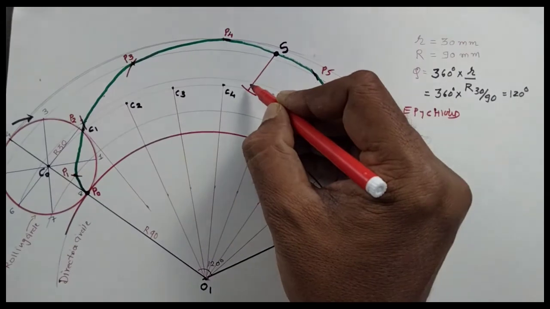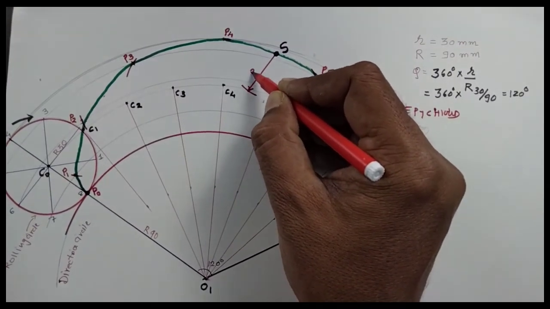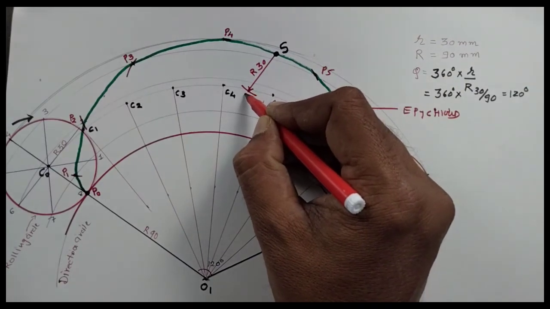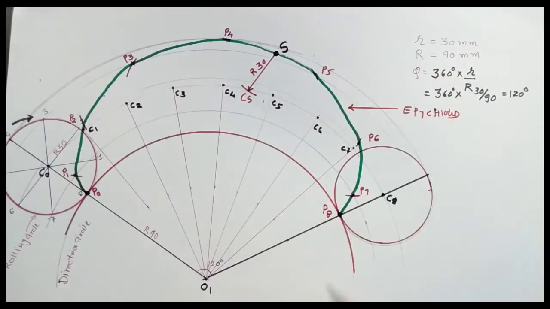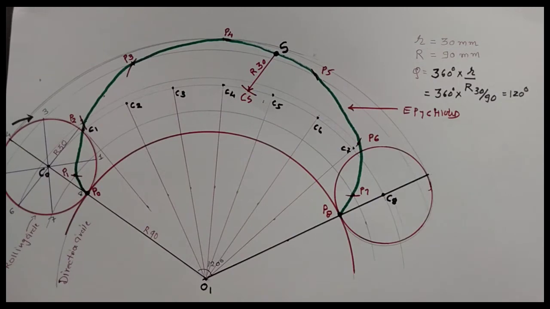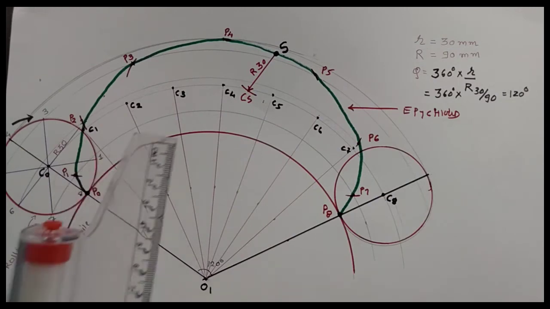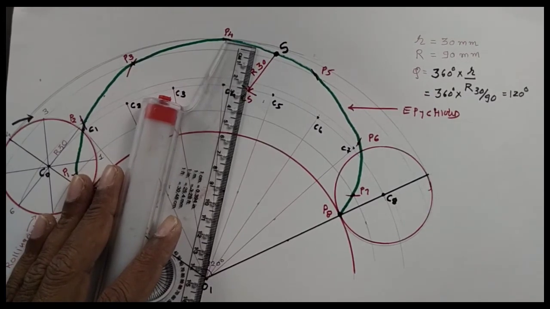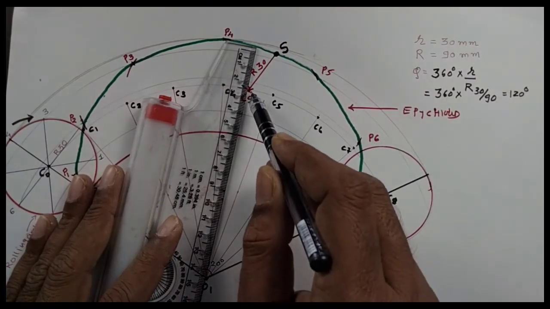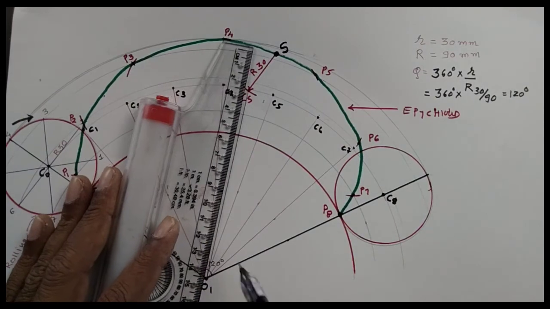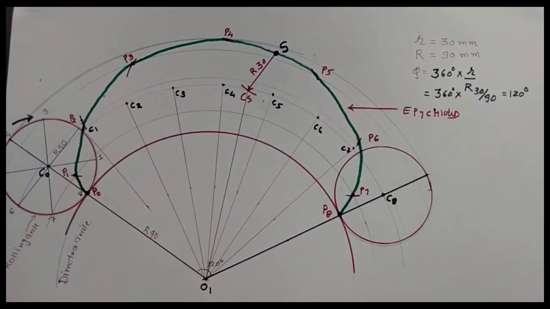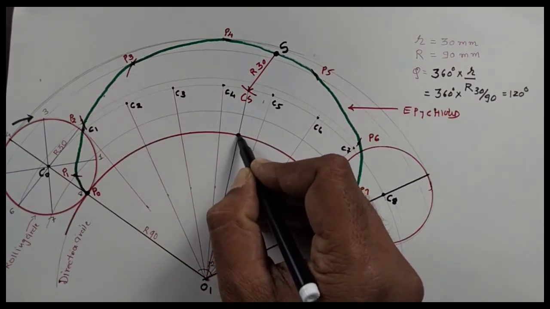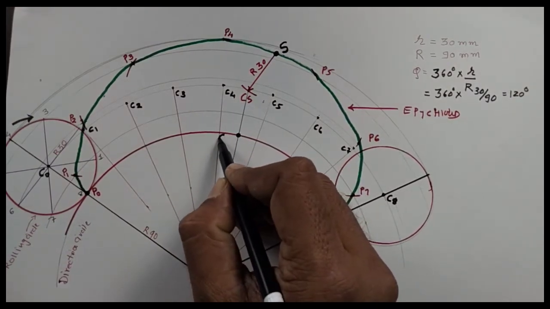You can see here this R is equal to the radius of the rolling circle, and here you can get your CS center. Now connect your center to our O1 point. When we connect CS with our O1 point with a straight line, it cuts our directing circle. That point we call S1.